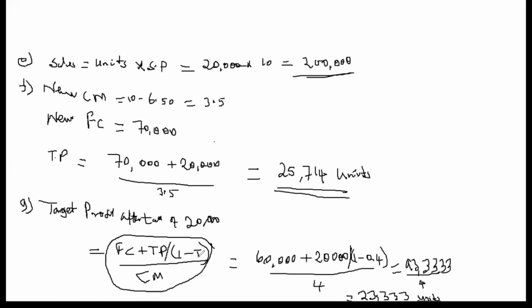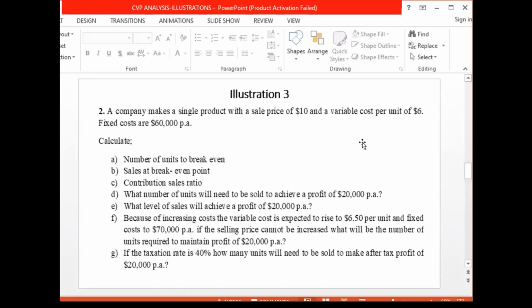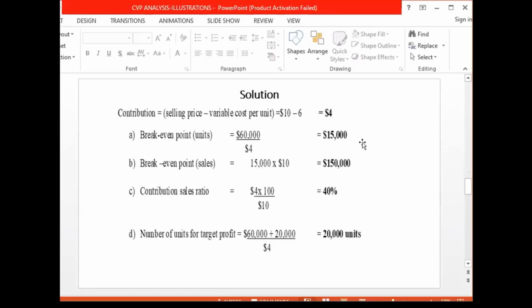So you have to work out this first before you add this, and then you divide by the contribution margin. That was illustration 3.